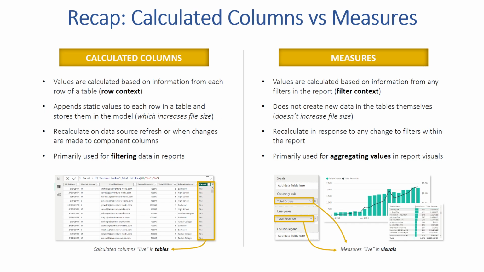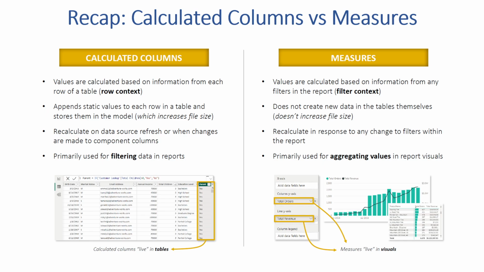But a measure does not create any new data in the tables themselves, which means it doesn't increase the file size. It is recalculated on data source refresh, when changes are made to the components, and it recalculates in response to any changes to the filters within the report.